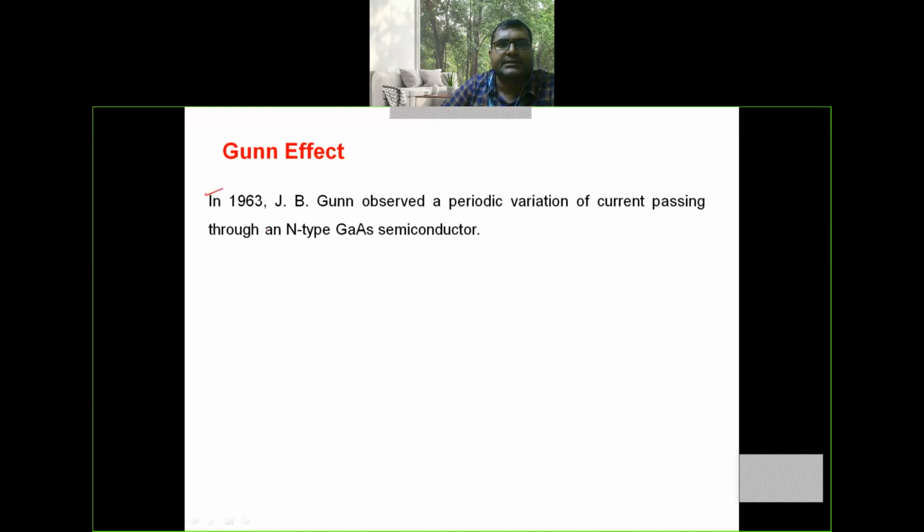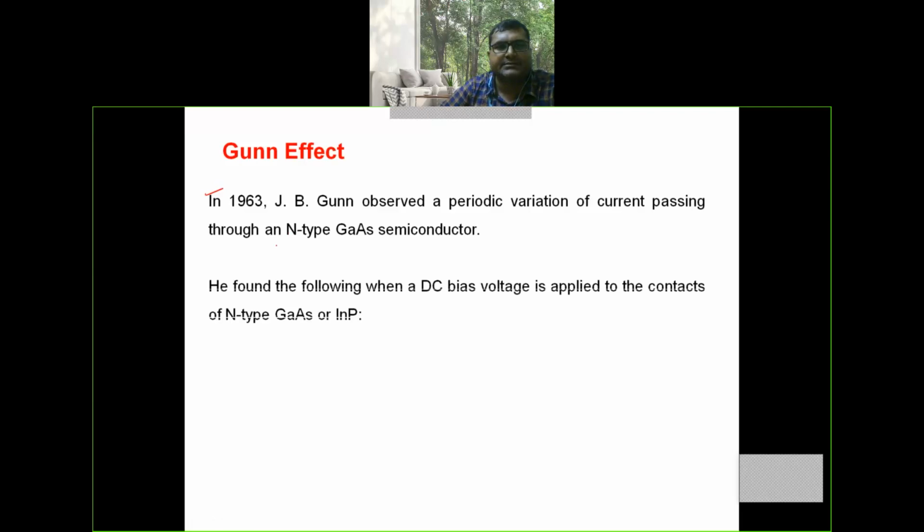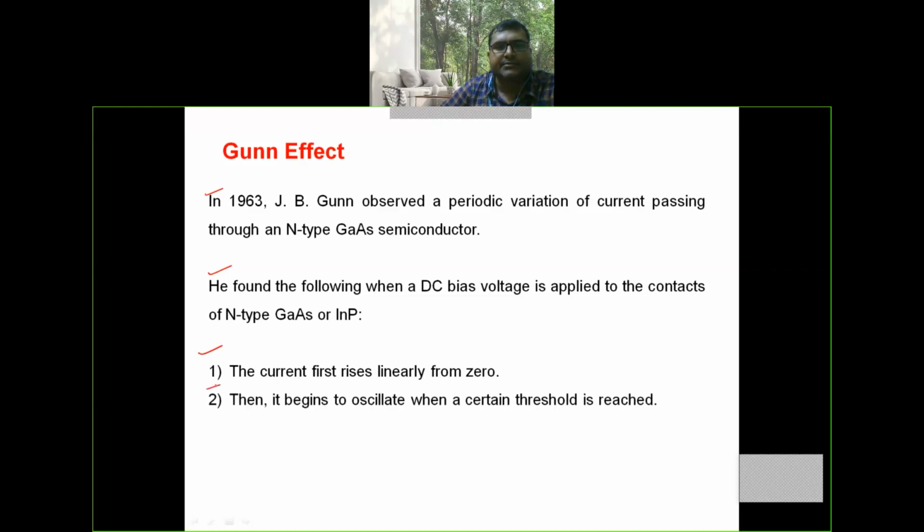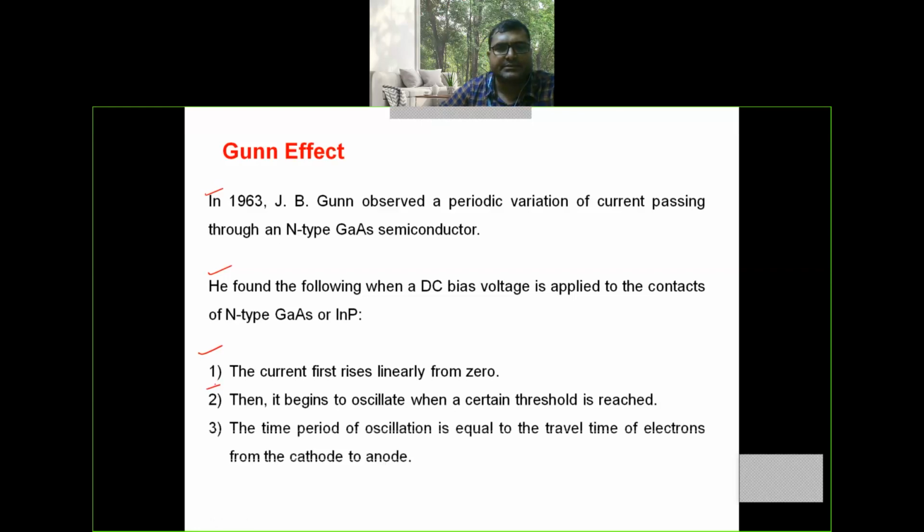In 1963, J.B. Gunn observed a periodic variation of current passing through an N-type gallium arsenide semiconductor. He found the following: when a DC bias voltage is applied to the contacts of N-type gallium arsenide or indium phosphide, the current first rises linearly from zero, then it begins to oscillate when a certain threshold is reached.